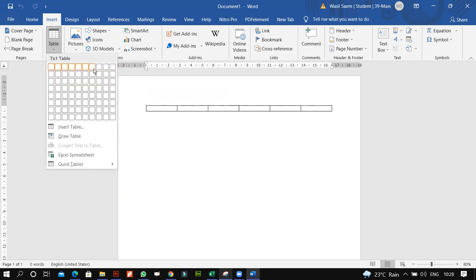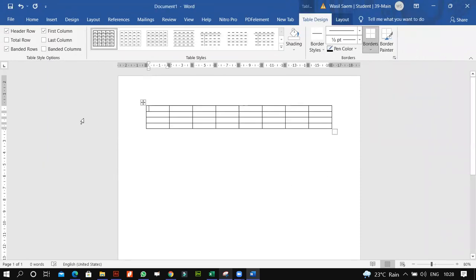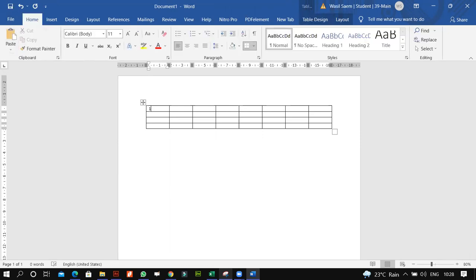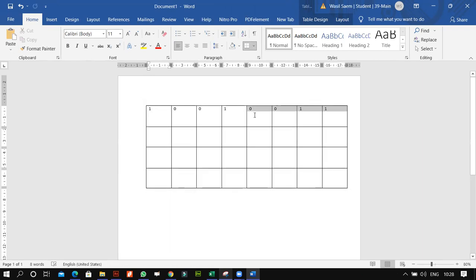One, two, three. So in case I have 1, 0, 0, 1, 0, 0, 1, 1. And what I want to do is find the two's complement of this. Let me just increase the size so that it's visible to all of you.